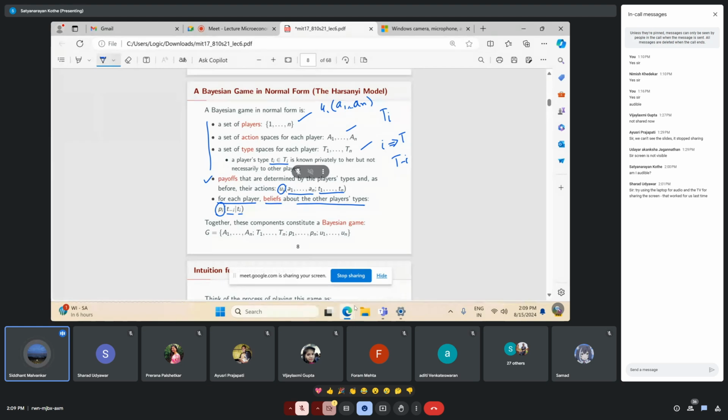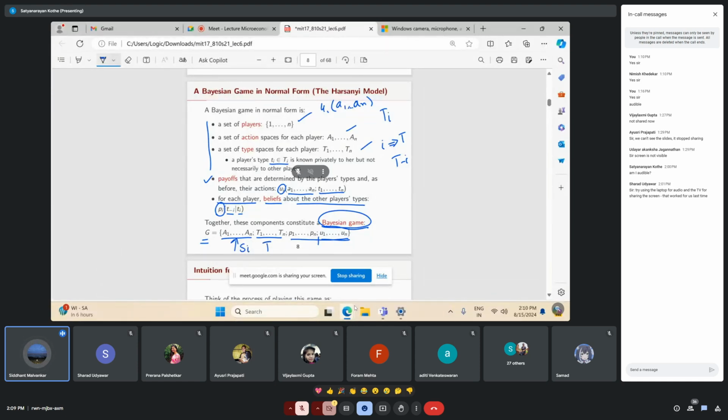Okay. So a Bayesian game then becomes the game having the actions or the strategies, and the types, and beliefs about the opponents, and payoffs. Okay, so there are 4 components now in the Bayesian game. One is strategies that we had denoted as Si.